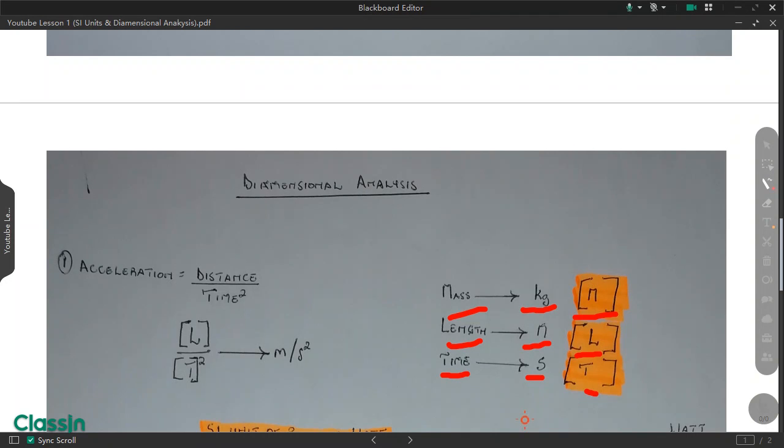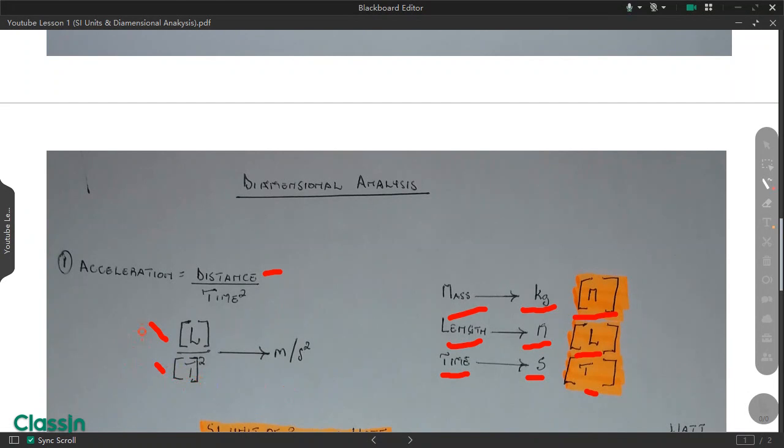Sure. So acceleration is distance per second squared. So distance is measured by length, which is in meters, hence why we have our L here. And then time is measured in seconds, and it's T squared. So hence the base unit of acceleration is meters per second squared.